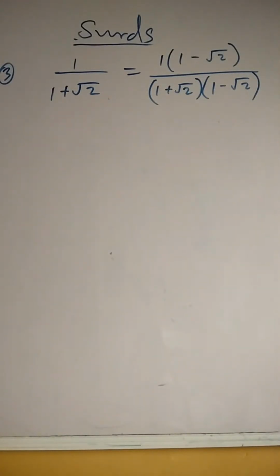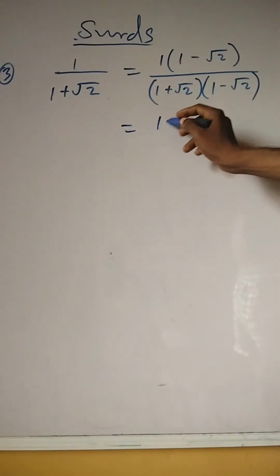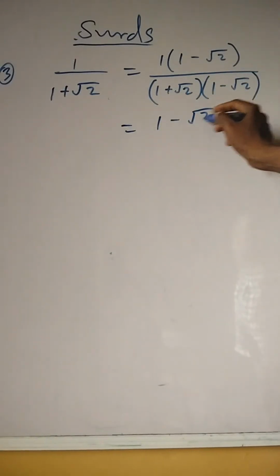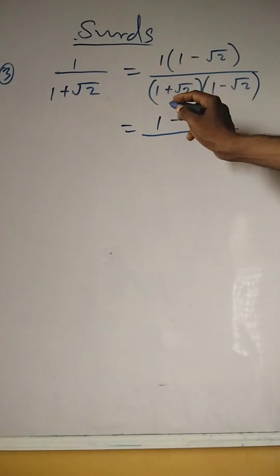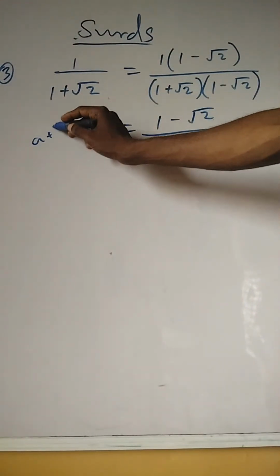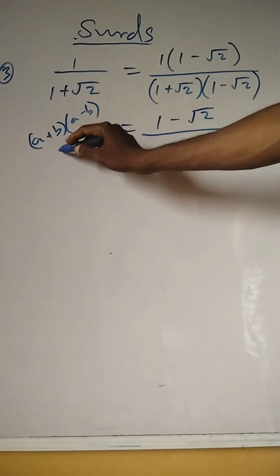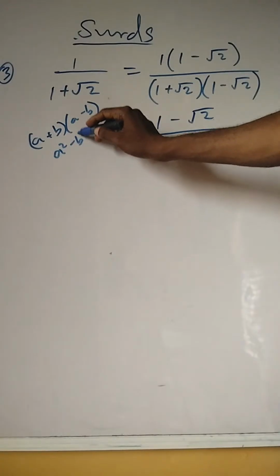Then when we open this bracket as well, from up here, 1 times this bracket is the same thing as 1 minus root 2 divided by, also here follows difference of two squares, where when we have a plus b multiplying by a minus b, this is the same thing as a square minus b square.